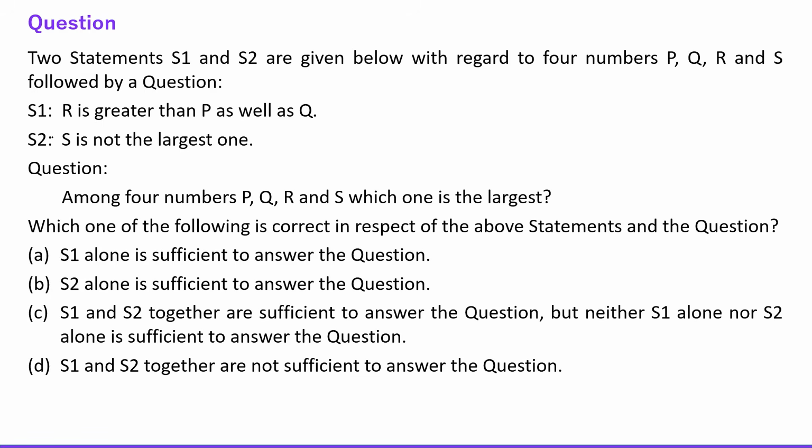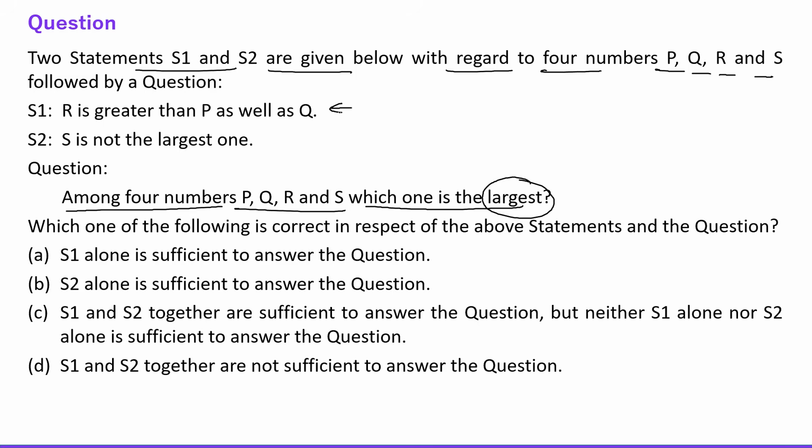Next question is, two statements S1 and S2 are given below with regard to 4 numbers P, Q, R, S, followed by a question. Question is, among 4 numbers P, Q, R, S, which one is the greatest? Which one is the largest? First statement alone, what says?